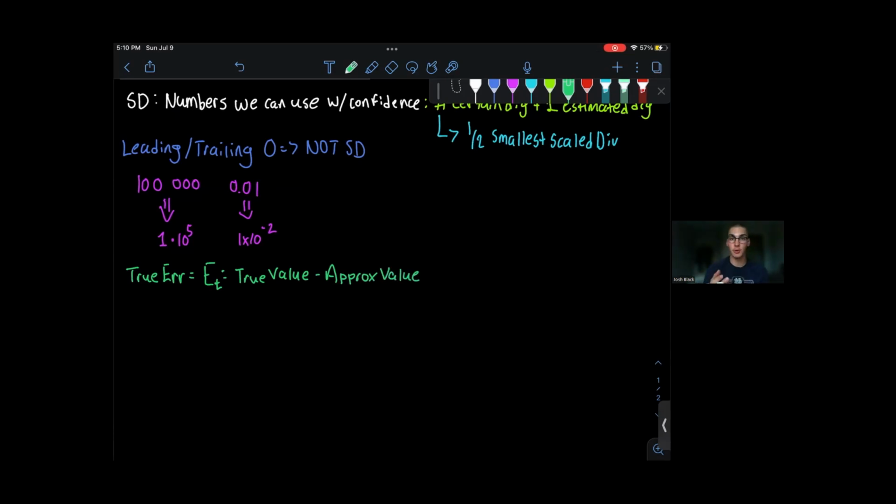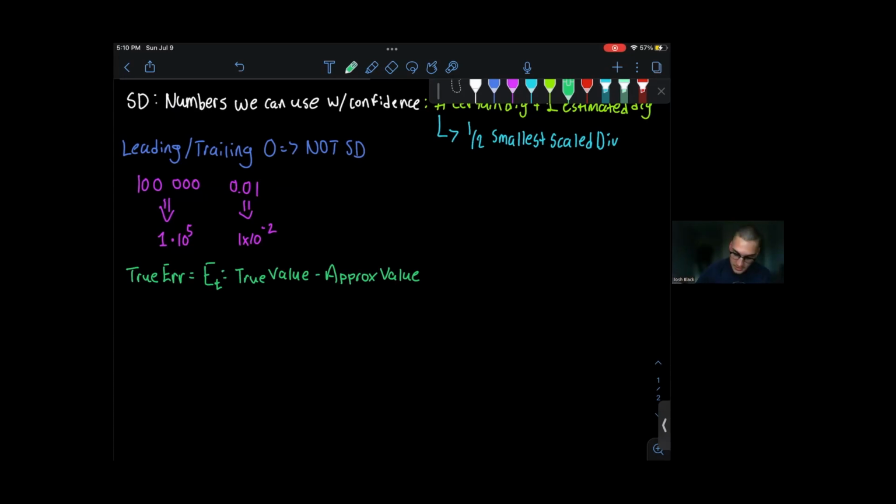We don't usually use true error a lot in numerical modeling and solutions because if we have a true error, that means there's an analytical way to solve this question. So why would we use a numerical model if we can solve it by hand? You know what I mean?